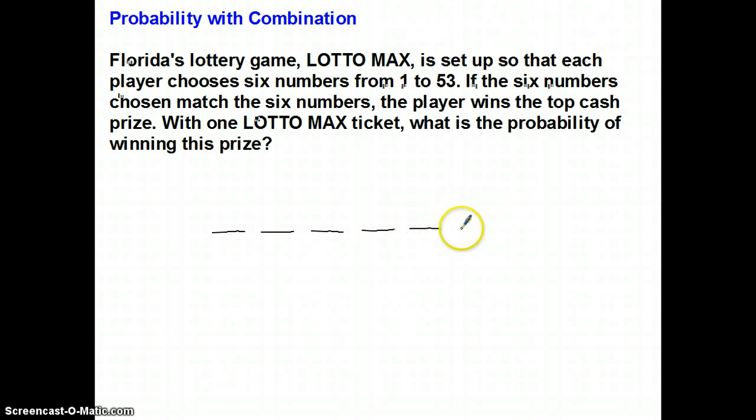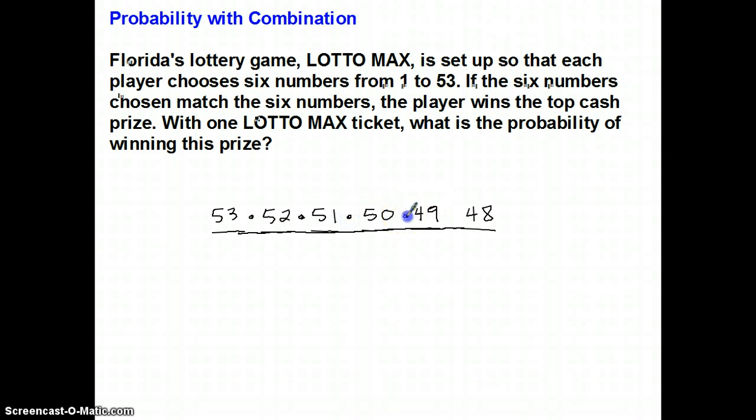And remember, it's easiest to find a combination by first looking at a permutation. So we have 6 numbers to choose from. And we have 53 numbers actually, but we have 6 spaces available. In the first space we have 53 numbers, and then the second we have 52, and then 51, 50, and 49, and then 48. And so if this were a permutation, we would simply just multiply all these numbers together.